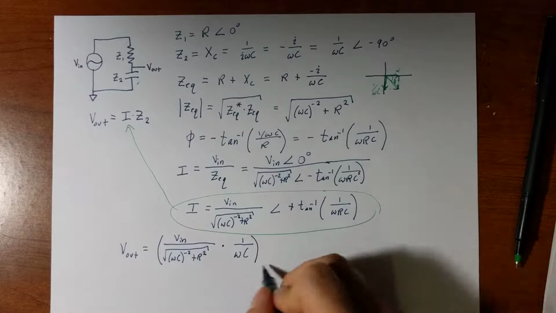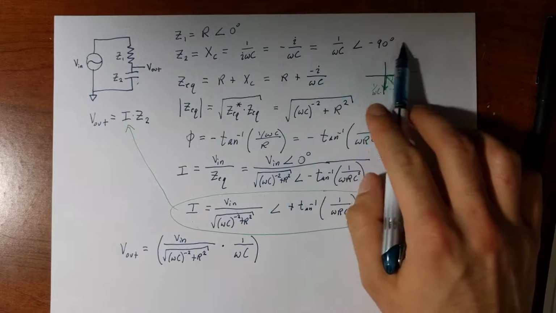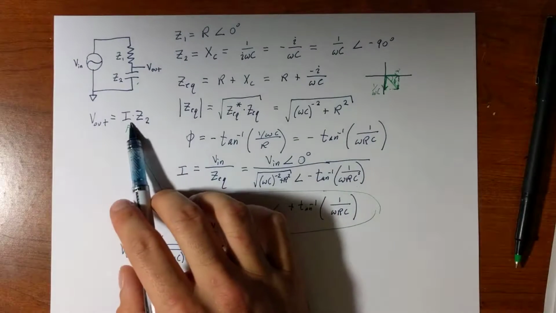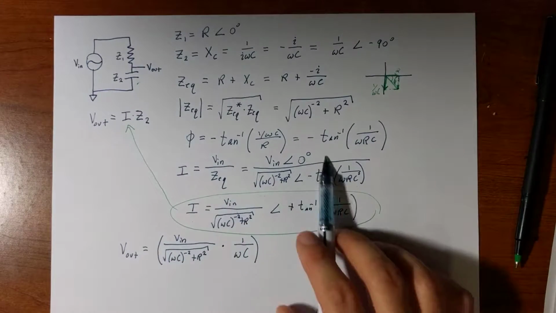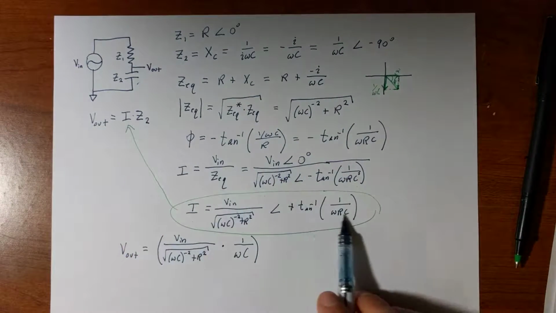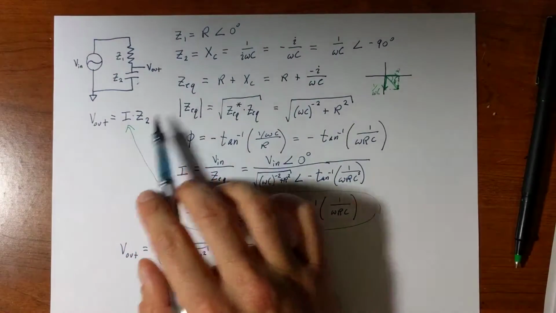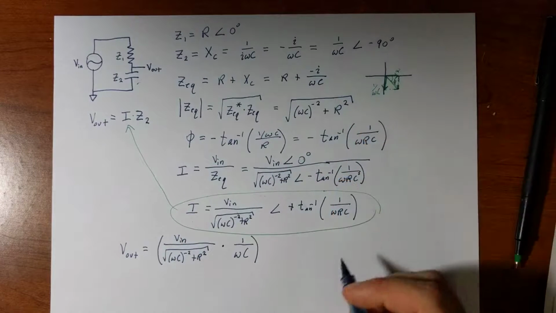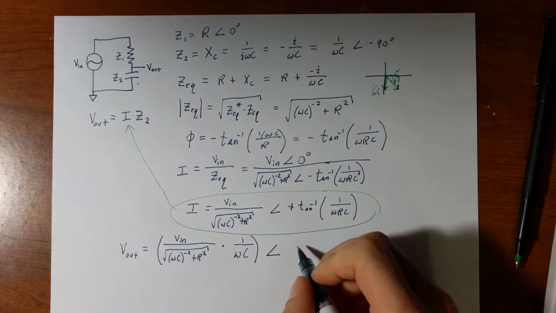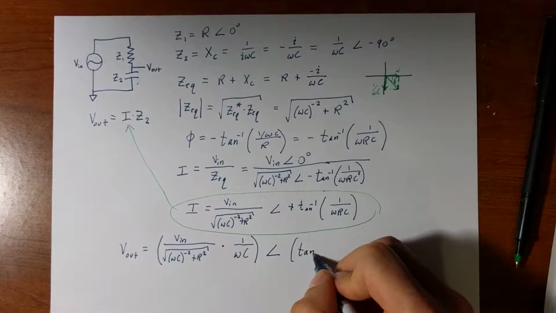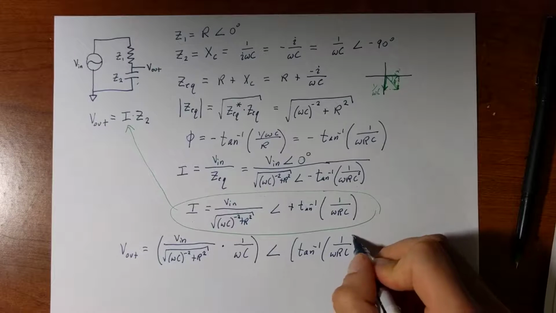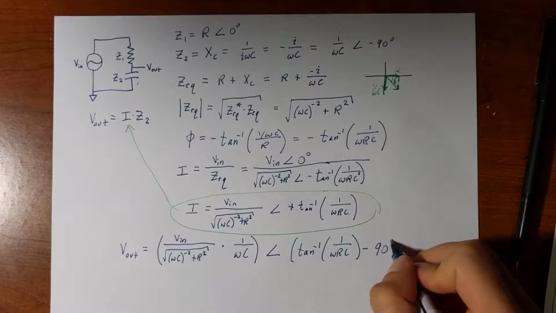The angle is going to go out here. This is at an angle of negative 90 degrees. When I multiply, so here when I did the division, I subtracted the angles. When I multiply up here, I'm going to add my angles. So the angle of this guy, plus the angle of this, my negative 90. And so I have that my voltage output has a phase angle of the inverse tan of 1 over omega RC minus 90 degrees.